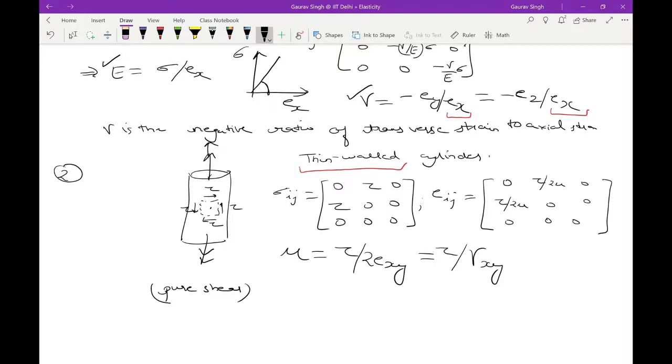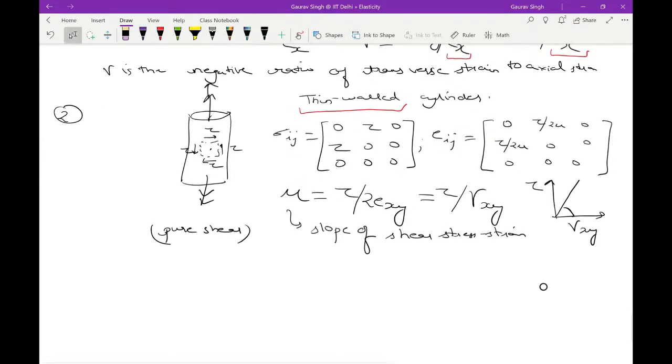Okay, so this modulus, the shear modulus, is just the slope of the shear stress strain curve. So if you had tau and gamma xy, this slope is mu. Okay, so this is the physical meaning of the shear modulus.